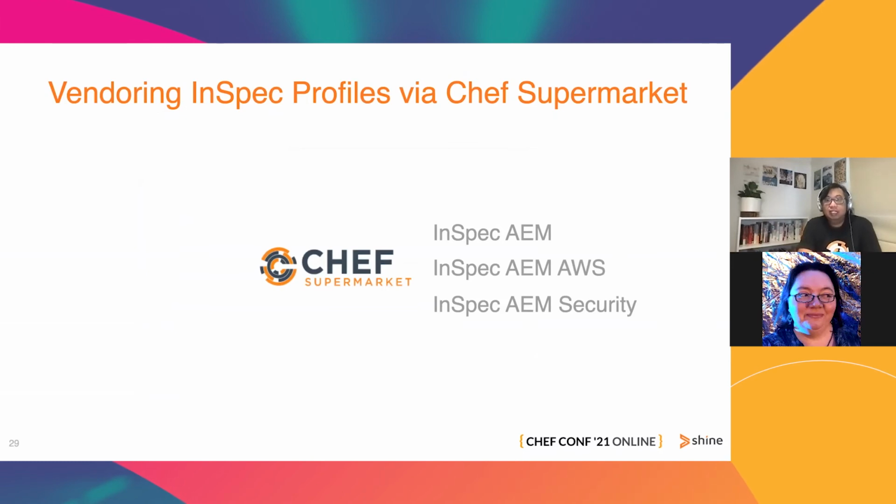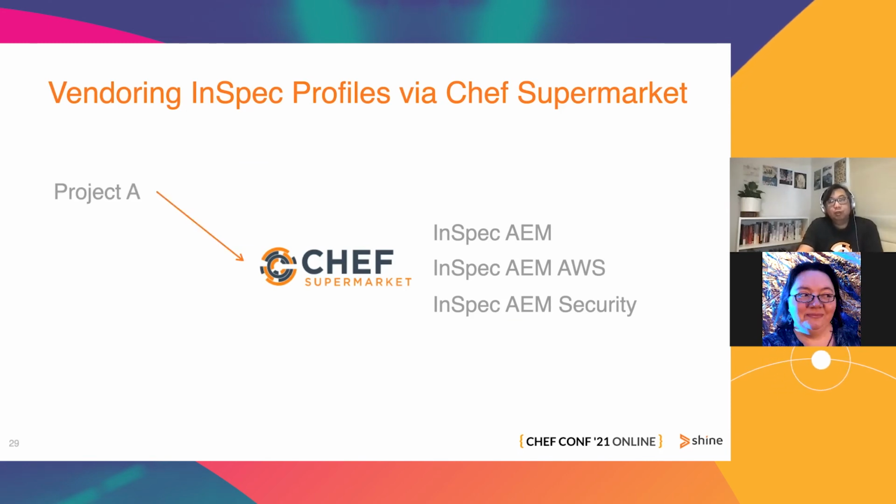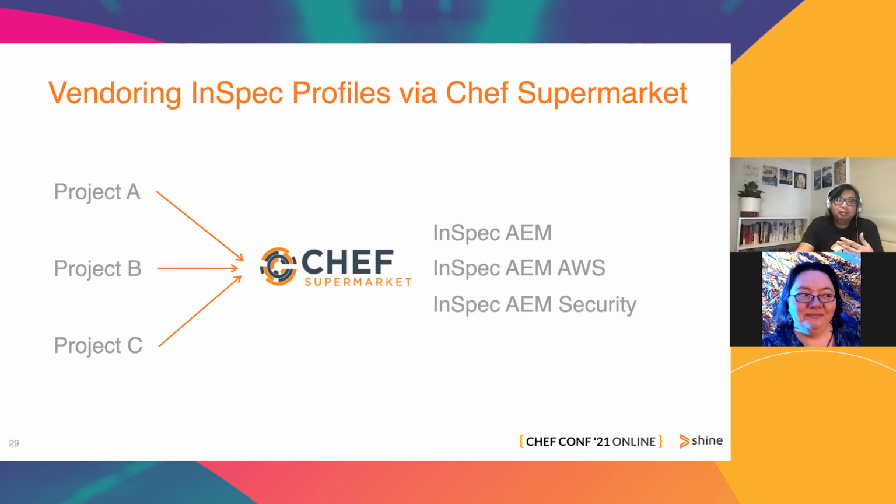So Chef Supermarket becomes like a discovery, a registry for all these inspect profiles. And our plan was for the project that we worked on to consume these inspect profiles, but at the same time, we also worked on other projects within another organization that ended up consuming the same set of inspect profiles.